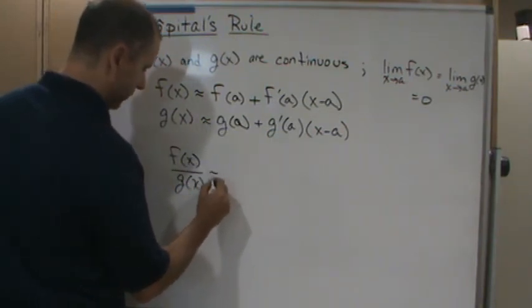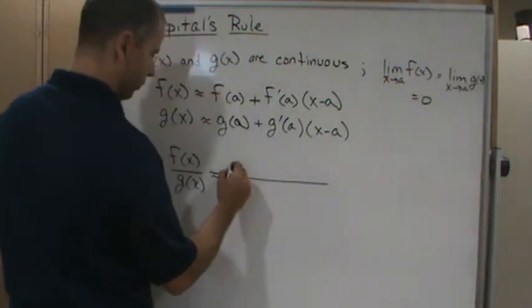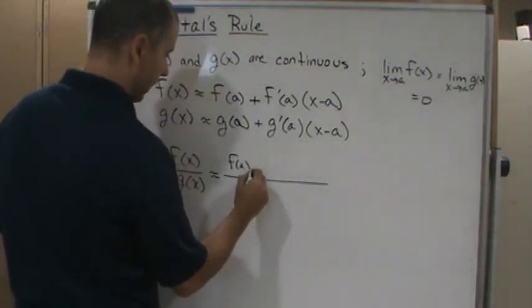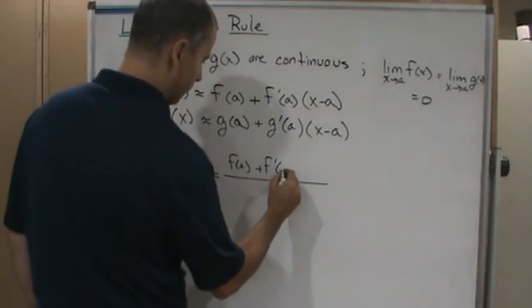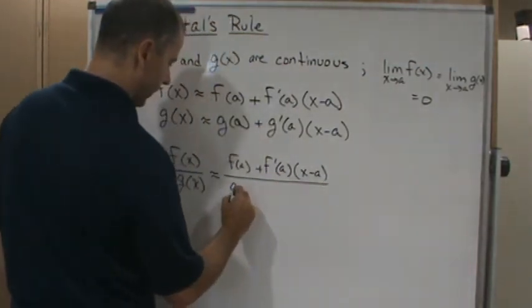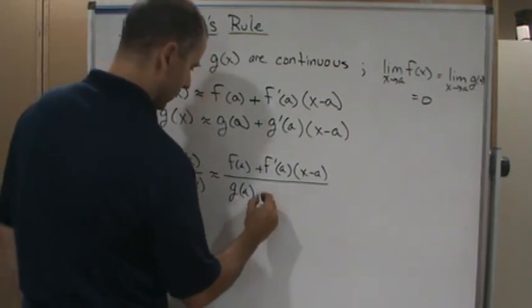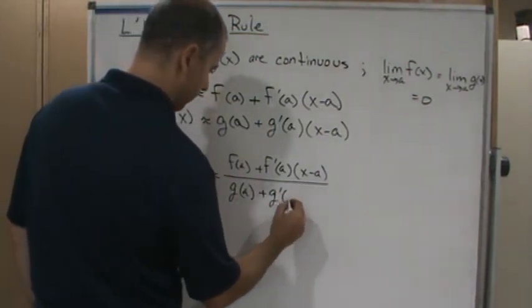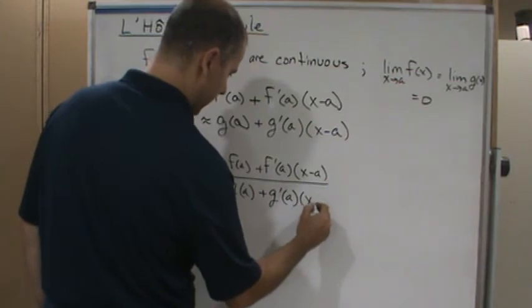g of x, which is going to be approximately equal to f of a plus f prime of a times x minus a, over g of a plus g prime of a times x minus a.